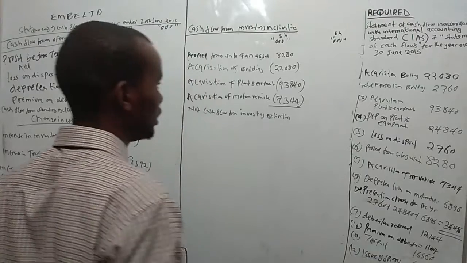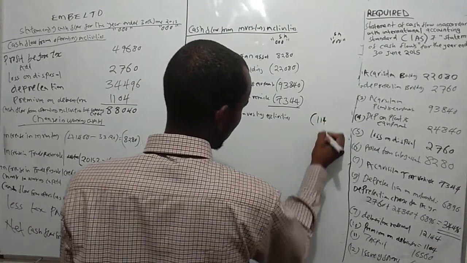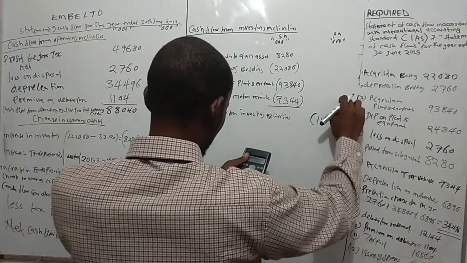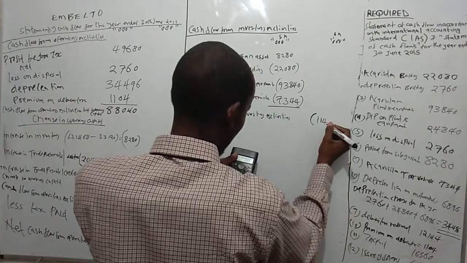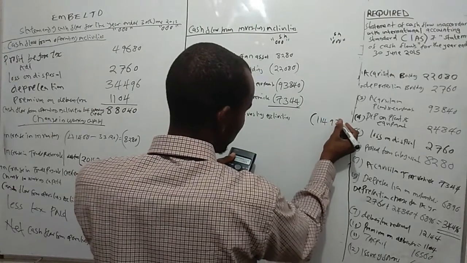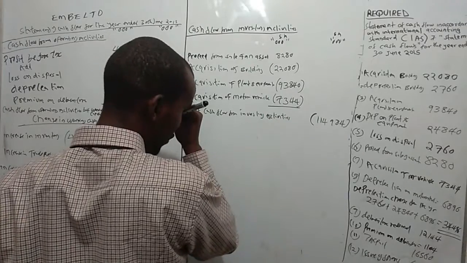I'm getting 114,984 negative. We write at the end on this column 114,984. That is net cash flow from investing activities.